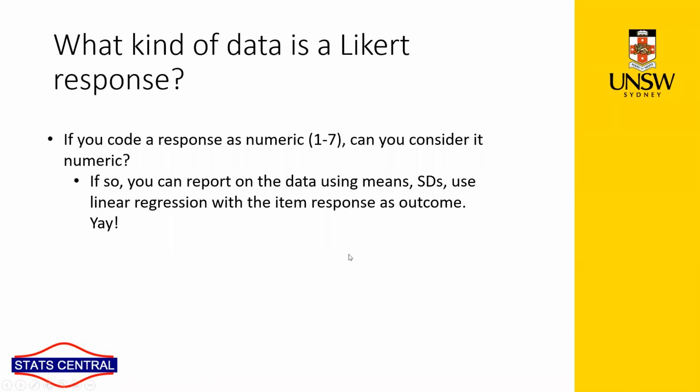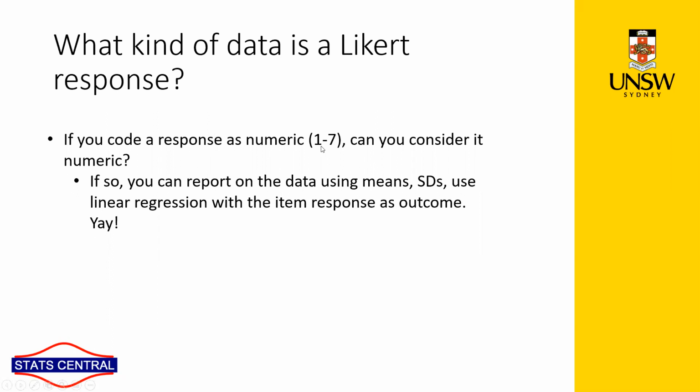Finally, what kind of data is a Likert response? If you code a response as numeric 1 to 7 and you get a good variability in responses, can you consider it numeric? Obviously, somebody who answers strongly agree agrees more with the statement than somebody who's neutral or one of the disagree options.